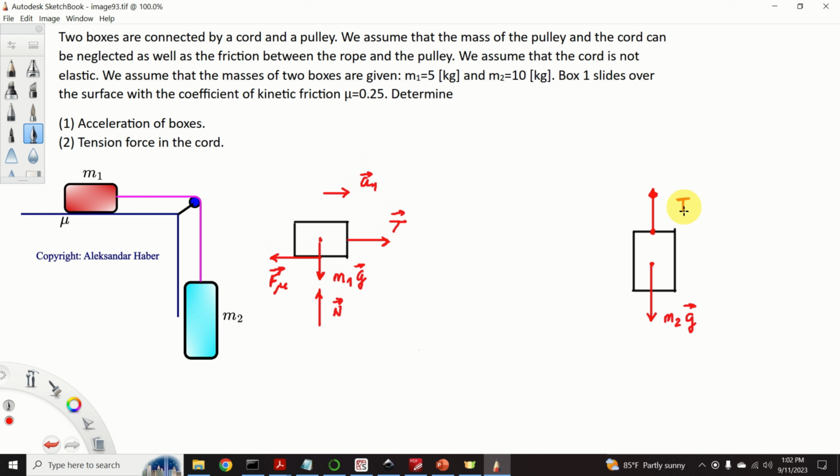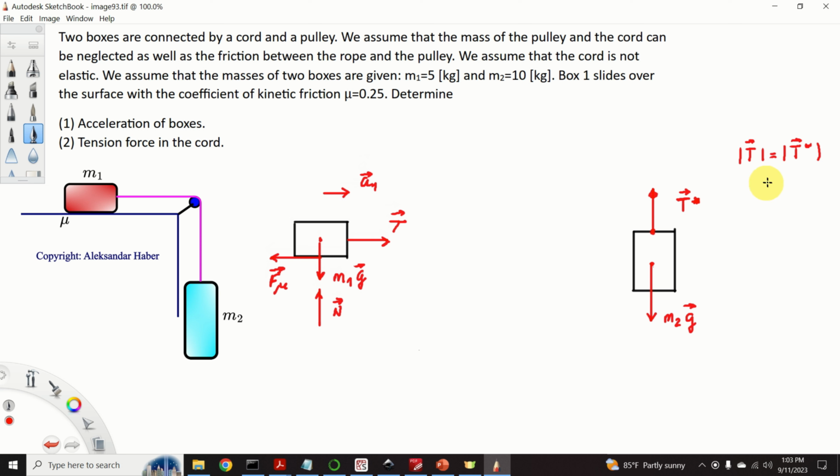However, I will not use the same notation as here, since these two vectors are actually different. One acts in this direction, one acts in this direction. However, their intensities are the same. And consequently, I will simply add here a star. That is, the intensity of T is equal to the intensity of T star.